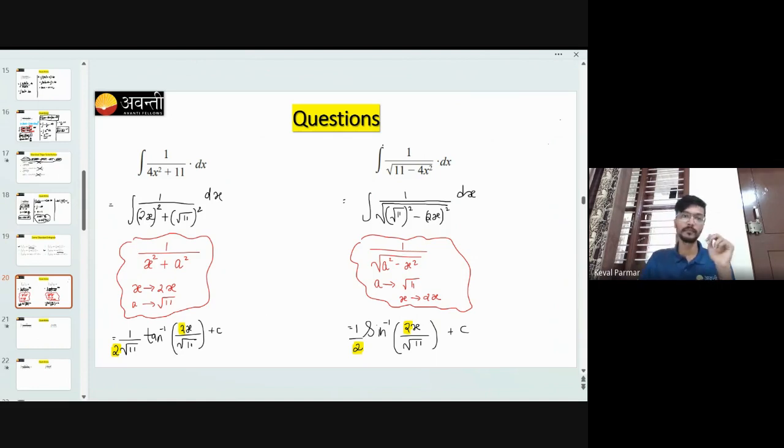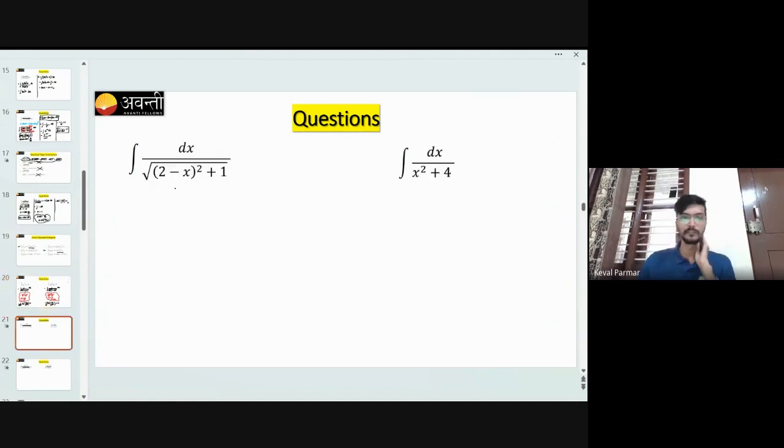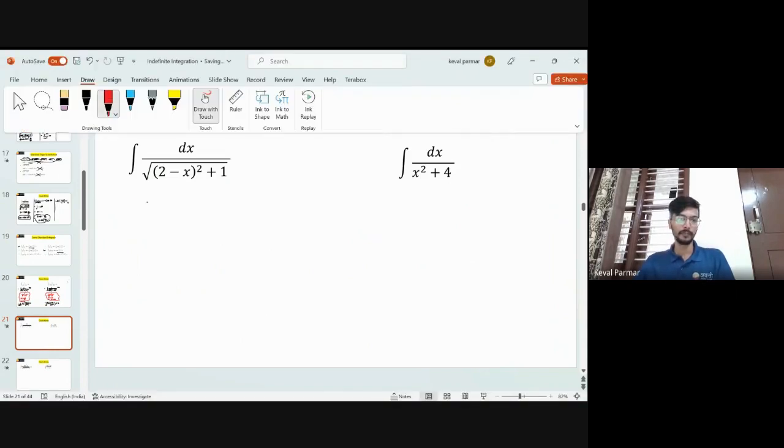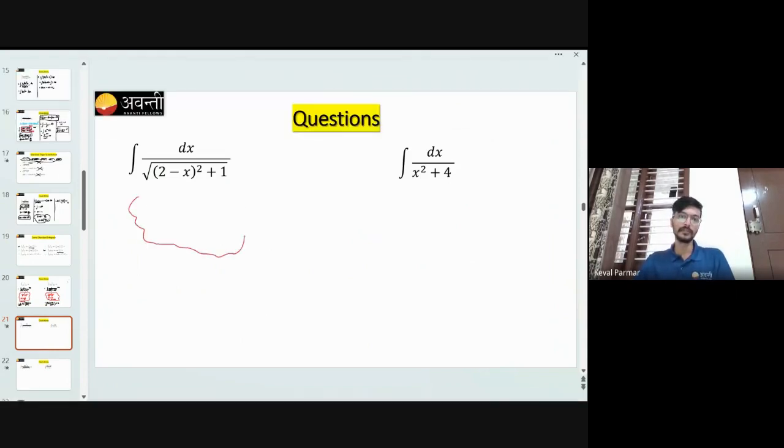Now let us take some more interesting examples. Suppose this one. So you know how this looks like? According to me, it looks like 1 upon under root of x square plus a square, where in place of x we have 2 minus x and in place of a we have 1.